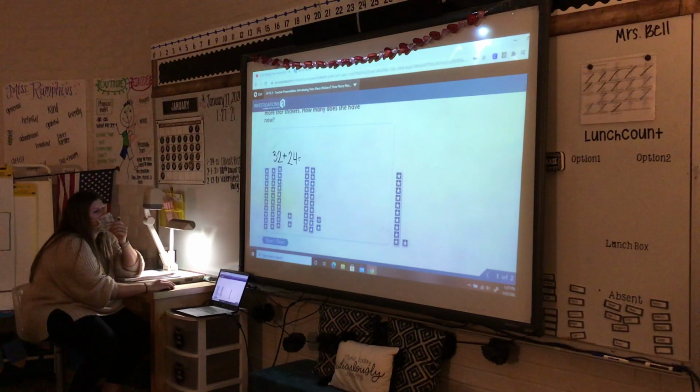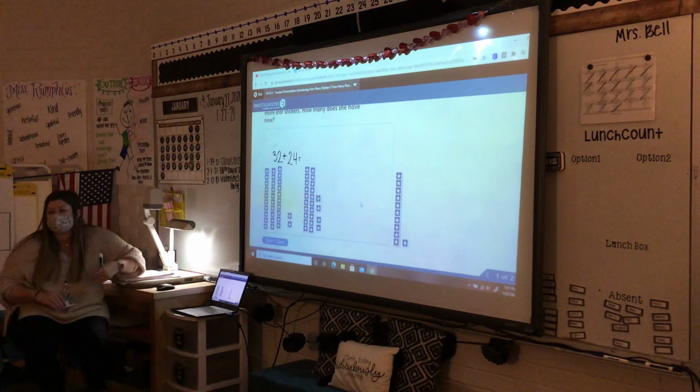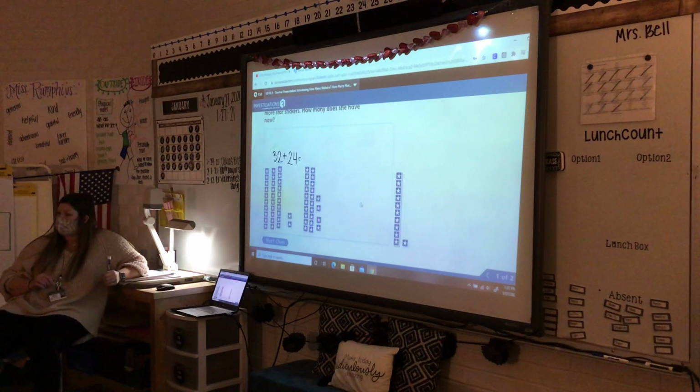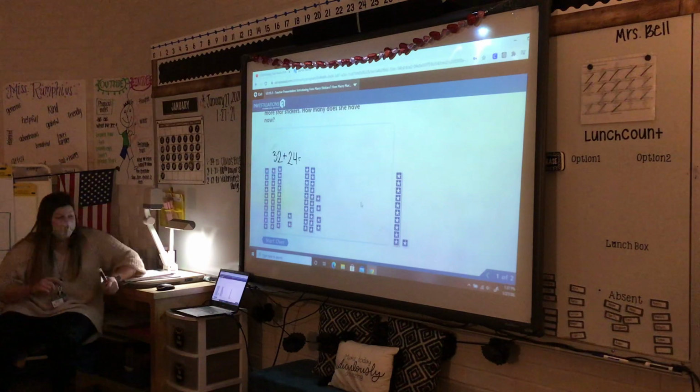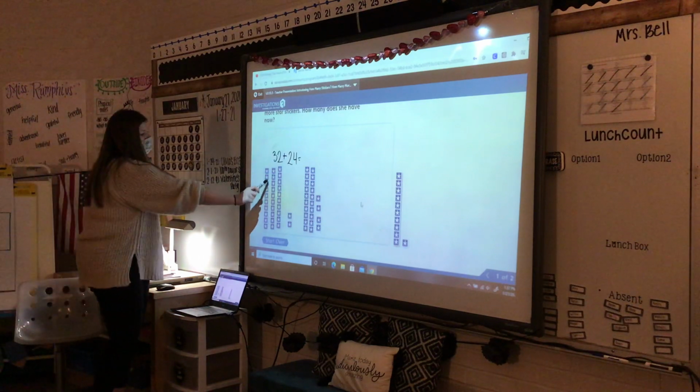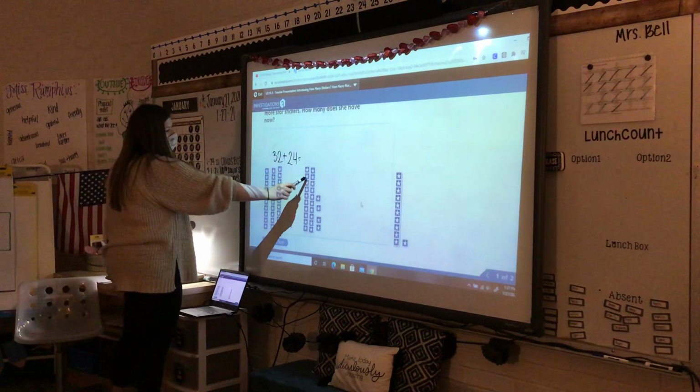Now, as big second graders, how do we add? We've already been working with stickers. How is the best way to go about adding these? Add the tens. Here we go. 10, 20, 30, 40, 50.